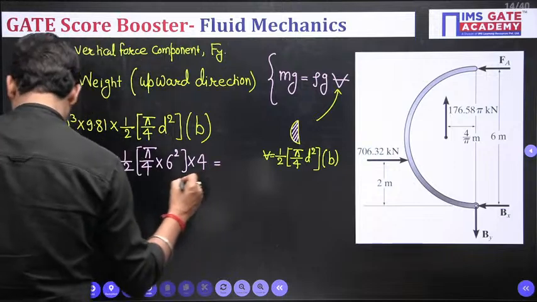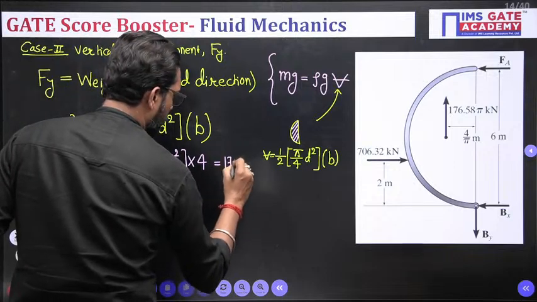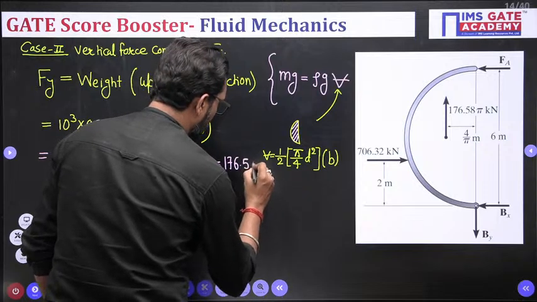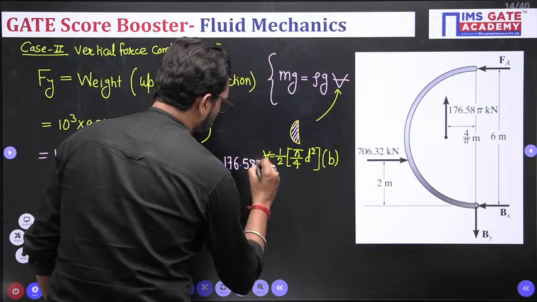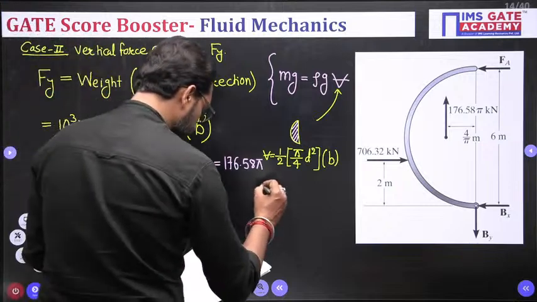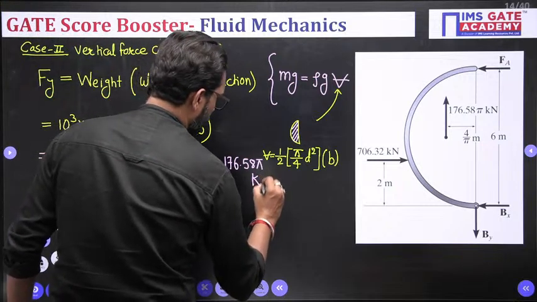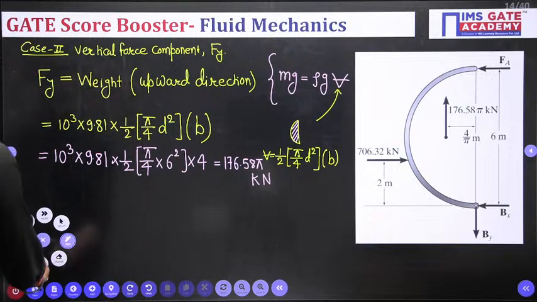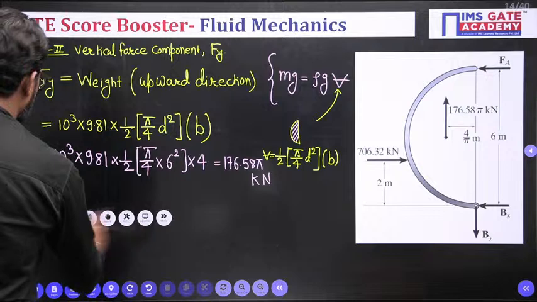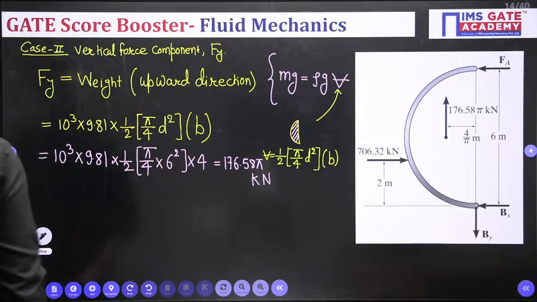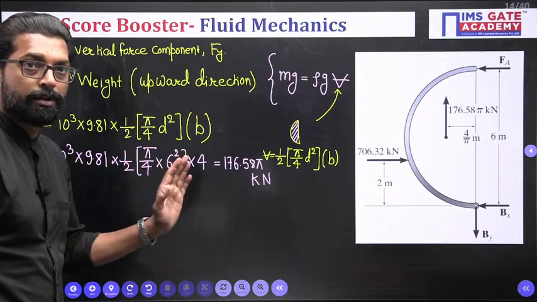It is 176.58 pi kilonewton. Clear? So this is your vertical force component.